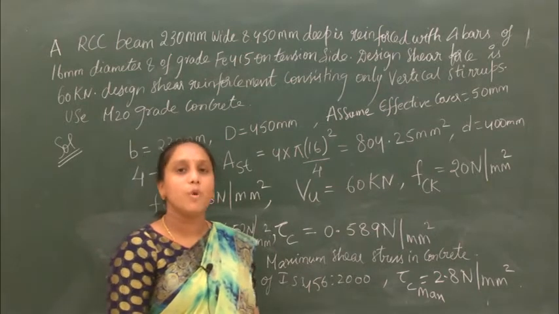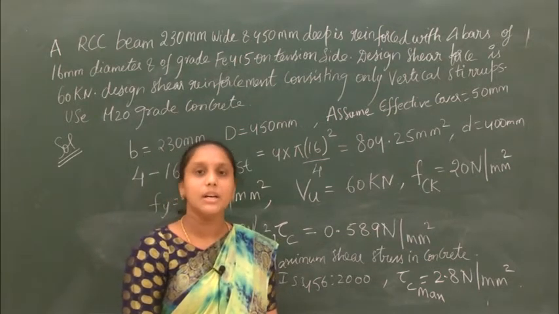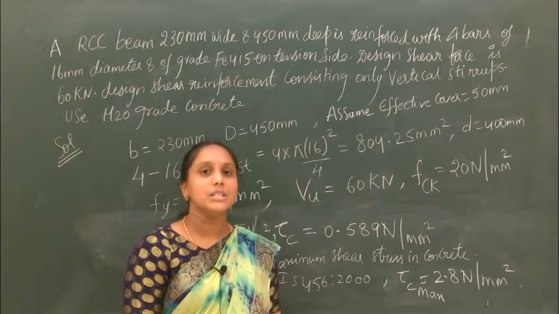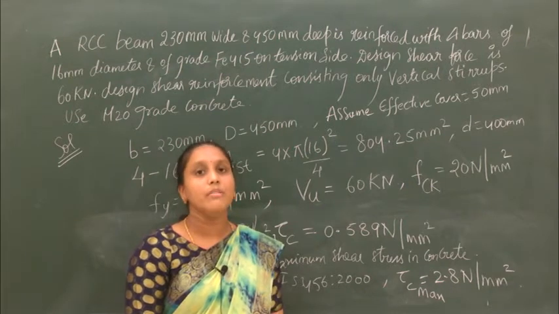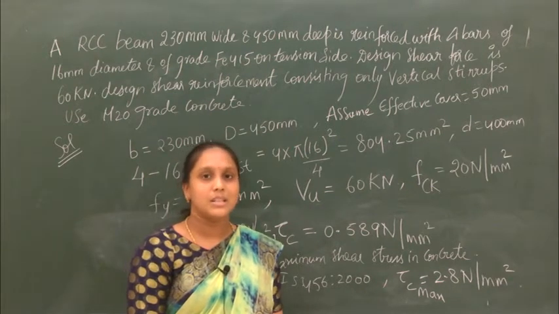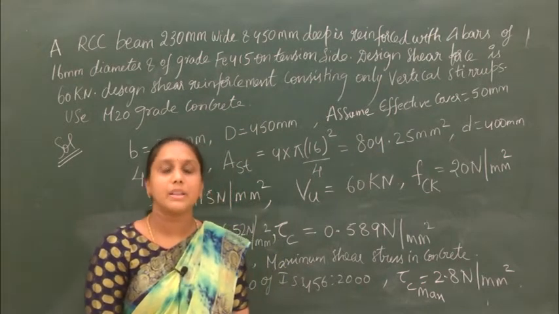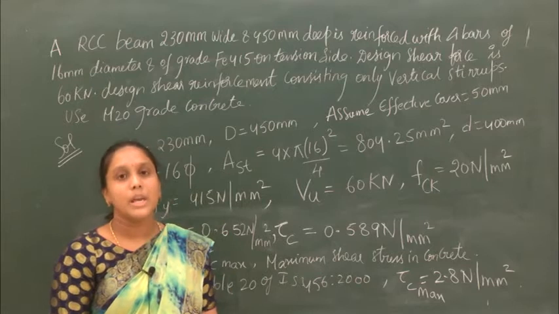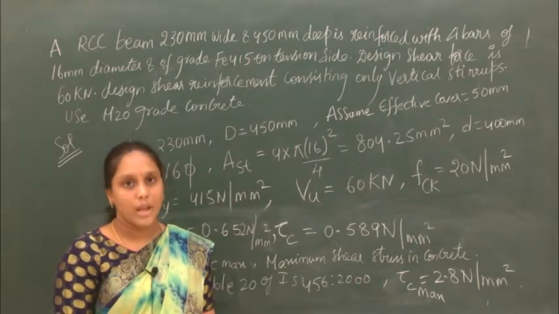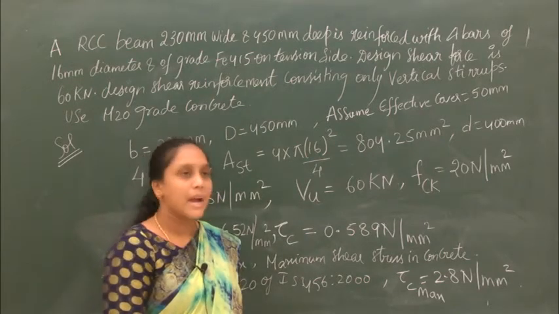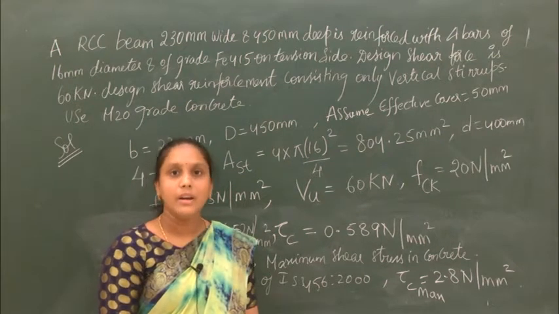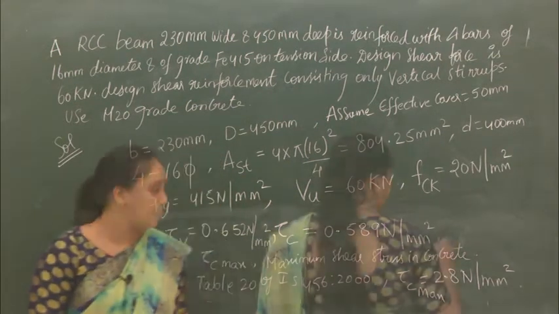Now what is the next step? We have to compare the nominal shear stress and the shear strength of concrete as well as the maximum shear stress in the concrete. That is, we have to compare the tau v, tau c and tau c max values.